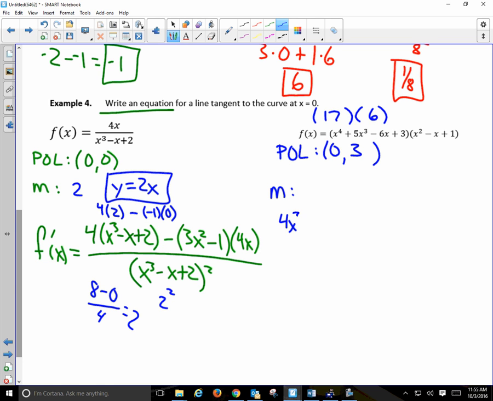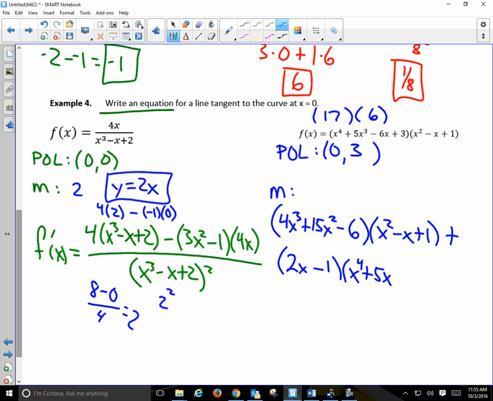4x cubed 15x squared minus 6 times x squared minus x plus 1. What's the derivative of the second part? 2x minus 1. We got x to the fourth plus 5x cubed minus 6x plus 3.